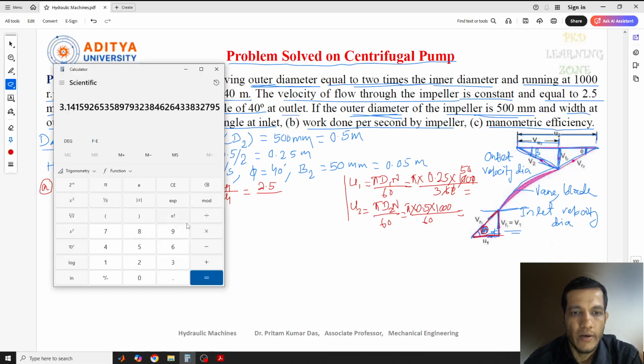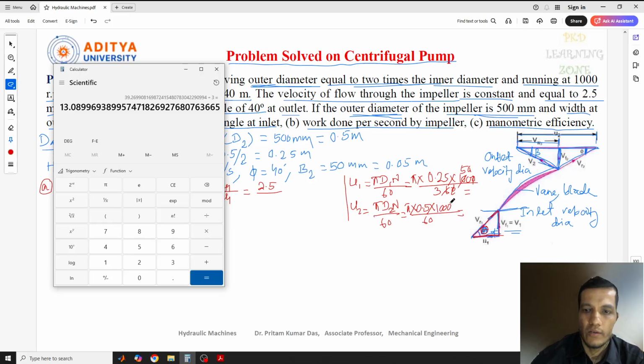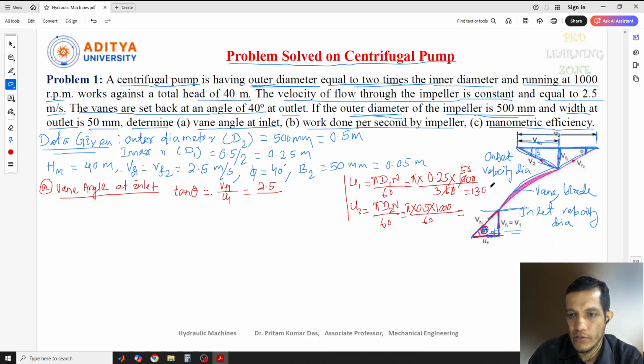This is pi into 0.25 into 50, divided by 3, which is 13.09 meter per second. If this is 13.09, then obviously we can double it for the other, so this is 26.18 meter per second. Only the diameter is changed, twice the diameter, remaining all values are the same.